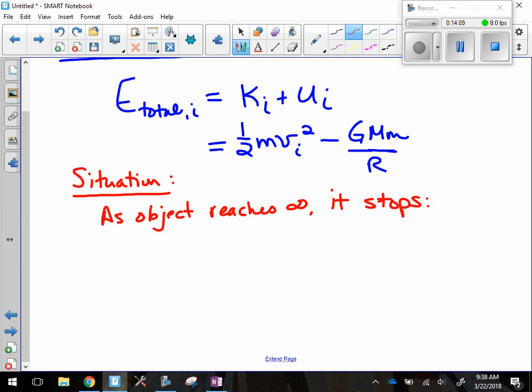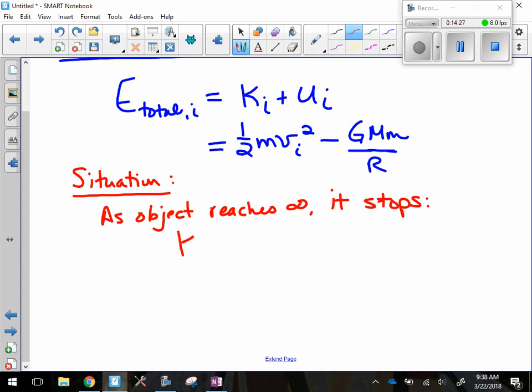So that when I'm talking about escape speed, I'm talking about giving the eraser enough speed when it leaves so that it can keep going, and just as it reaches infinity, it glides to a stop. Totally ridiculous, but there's a reason.